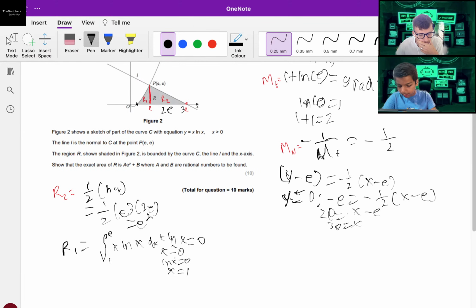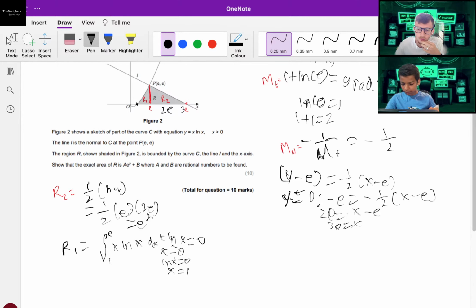So we need to set one as u and one as dv/dx. Which one do you think we're going to set as u and which one as dv/dx? Well, the one that's easier to integrate. The one that's easier to integrate is the x.